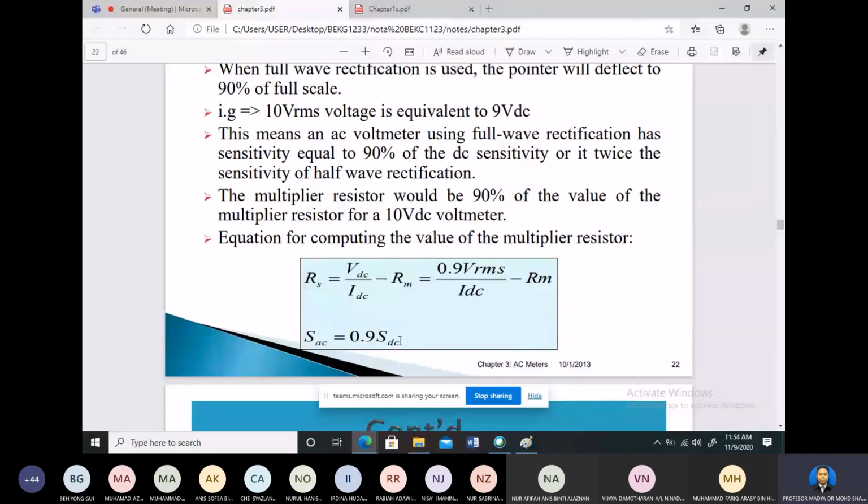This is for full wave, and for half wave, just change this one to 0.45. That is the difference between the half wave and full wave rectifier. Just the constant value will be different because of this explanation.